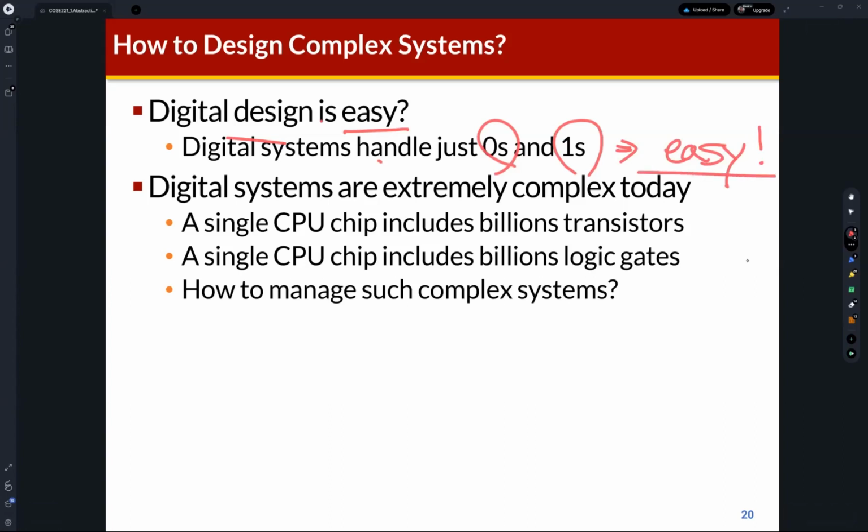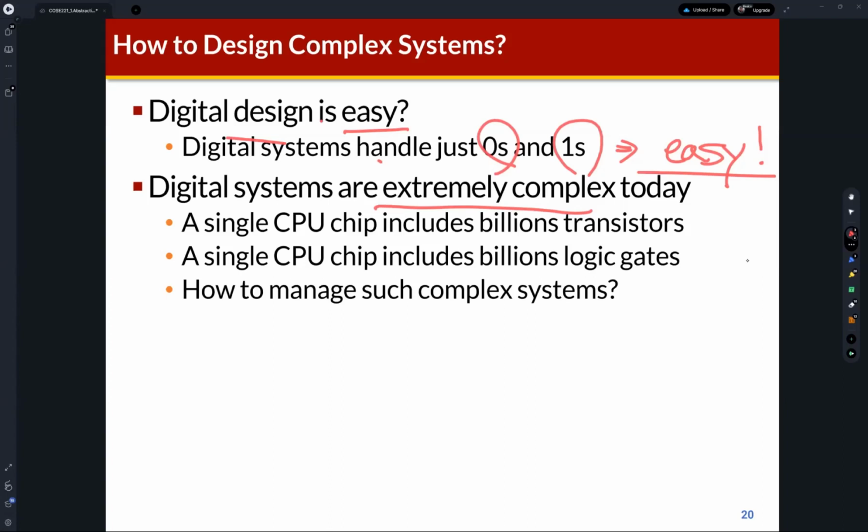But if we look at the products of digital devices or digital systems, we can find that digital systems are extremely complex. As I mentioned, a single CPU chip includes billions of transistors, which means these CPUs are also very complex systems.